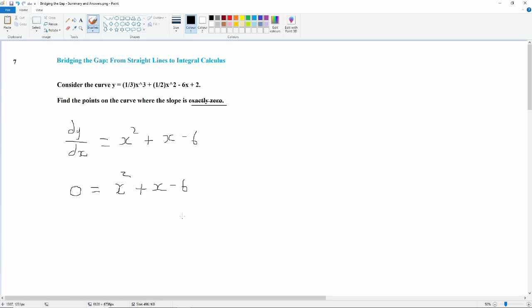So we're looking at 0 is equal to x plus 3 times x minus 2.